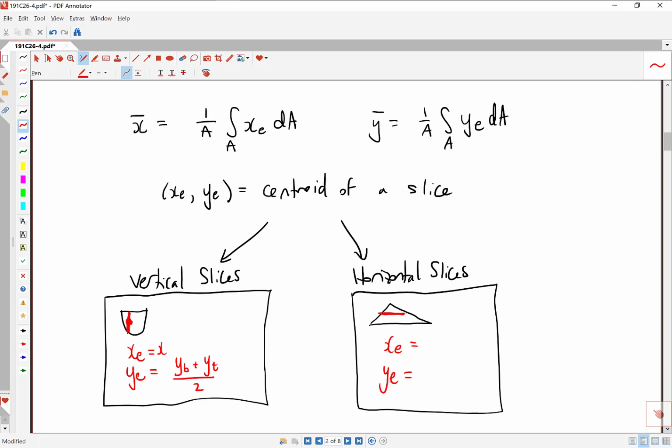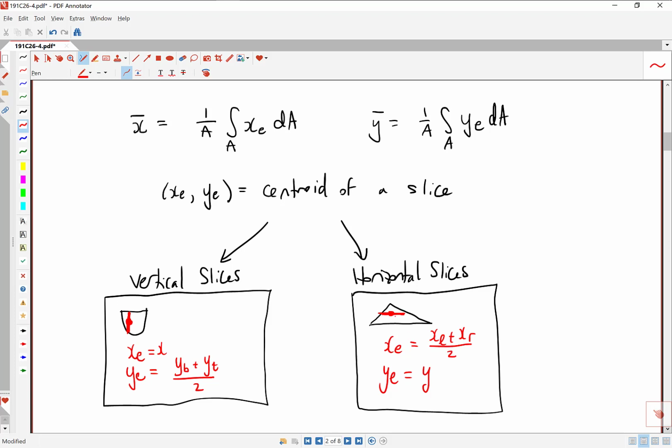Y sub e is the average y value along the horizontal slice. Since this is a horizontal line, the y values are going to be constant all the way along that line. So we can just say y sub e is y. But for x sub e, we would need to think about averaging the endpoints of the slice. So we would need to say x left plus x right over 2 to get the average x value along the slice.